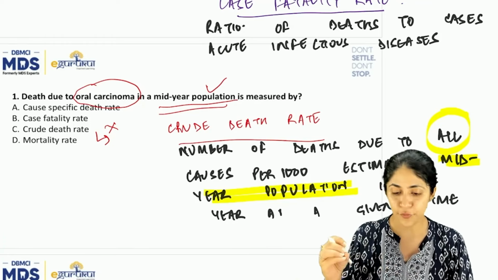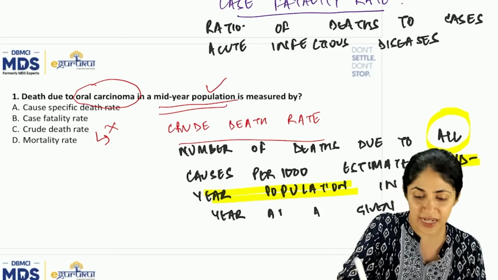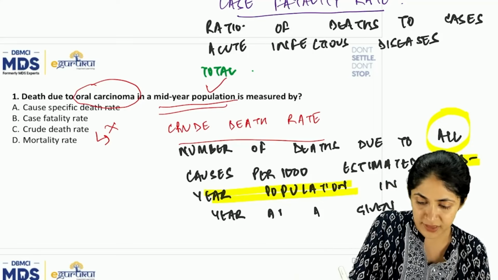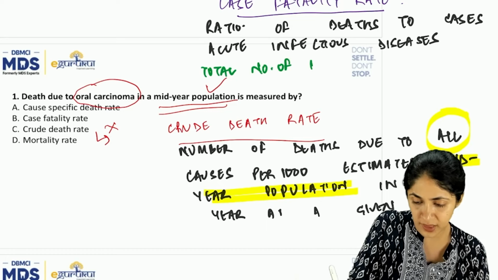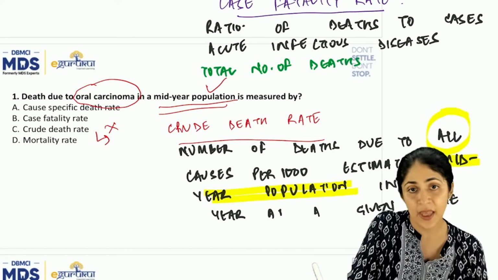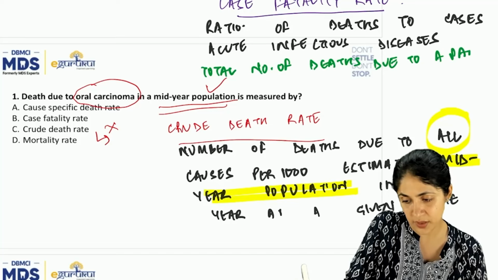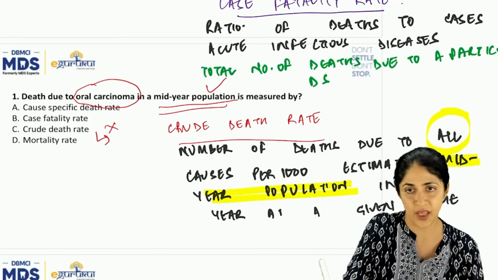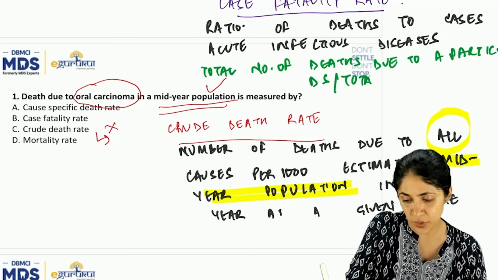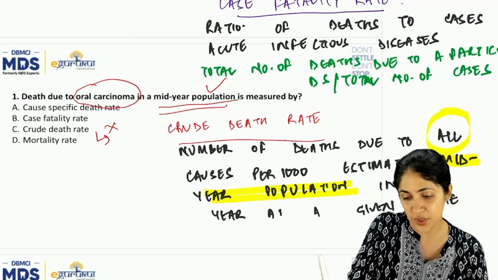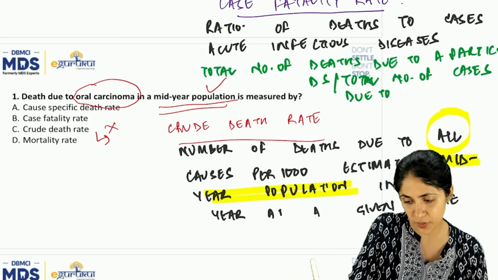So the formula of case fatality rate is the total number of deaths due to a particular disease upon the total number of cases due to the same disease, okay.